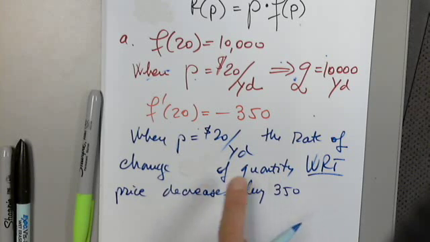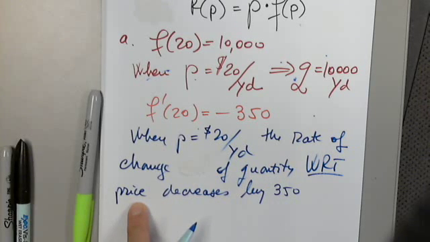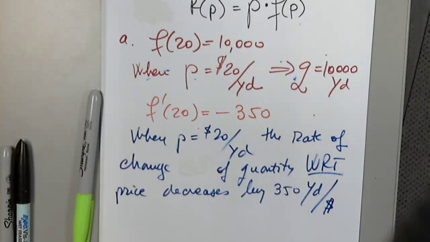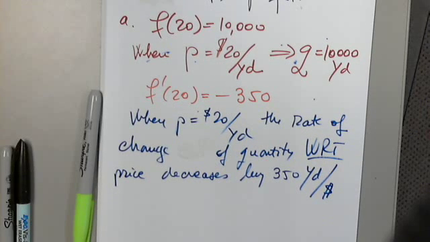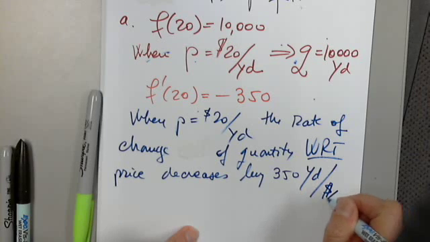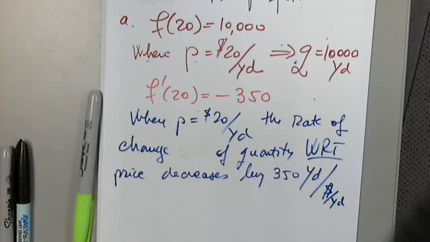Yards per dollar. Very good. It's the rate of change of quantity with respect to price. So it's yards per dollar per yard, price per unit.